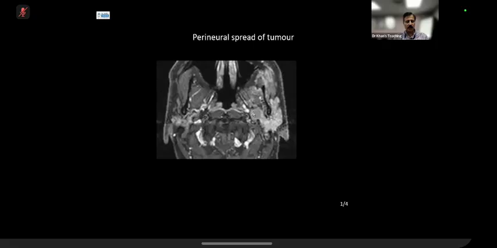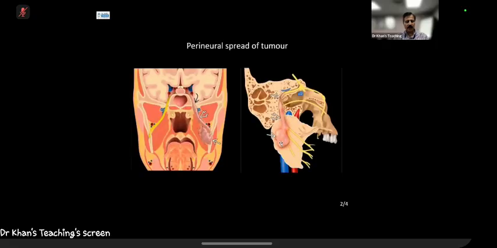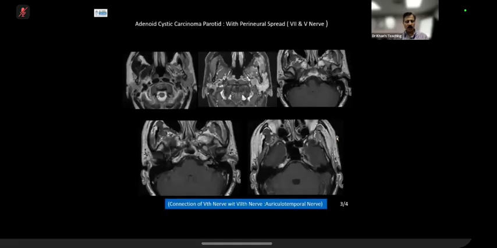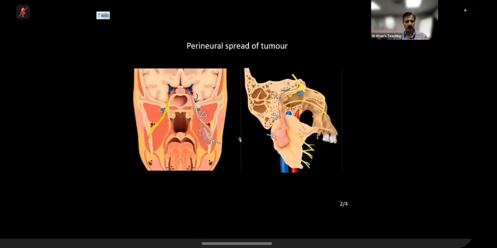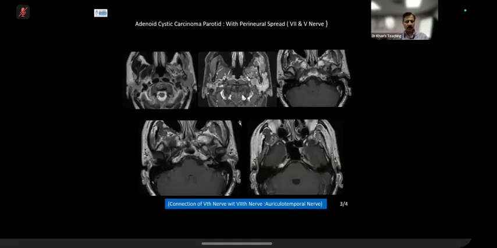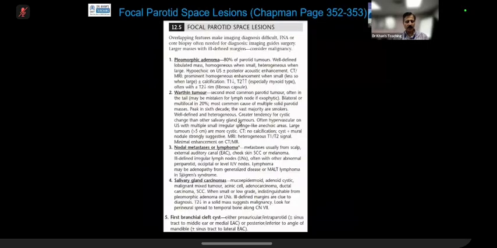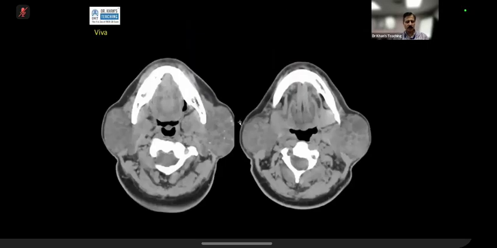This was an adenoid cystic carcinoma of the deep lobe of the parotid, and the concept is that the tumor can go through the facial nerve all the way into the internal auditory canal. And there is an example here where this happened. And in our example, there was a connection with the fifth nerve also, and it went to the foramen ovale, perineural spread. We have seen this case previously.